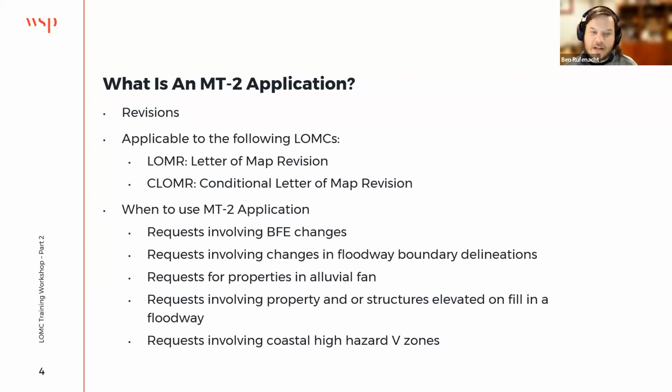You'll use these anytime that you're changing a flood elevation, any changes to the floodway boundary, changes to properties in an alluvial fan, requests involving property or structures elevated on fill in a floodway. So anything involving a floodway needs to go through an MT-2 application, and anything involving coastal high hazard zones. Of course, we don't need to deal much with that in Kansas. So really any change to an actual floodplain on a map needs an MT-2 application.